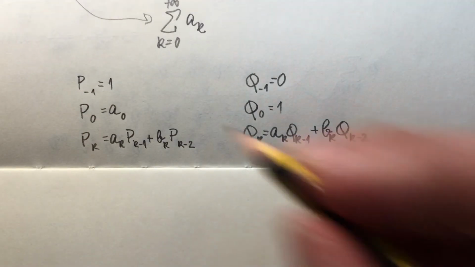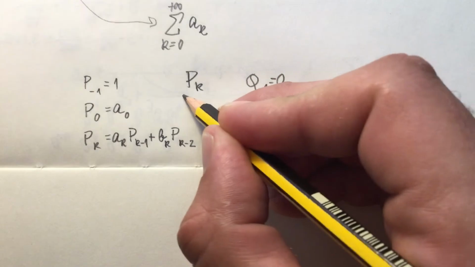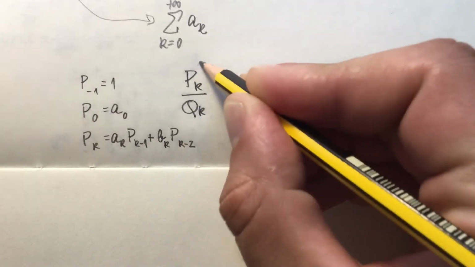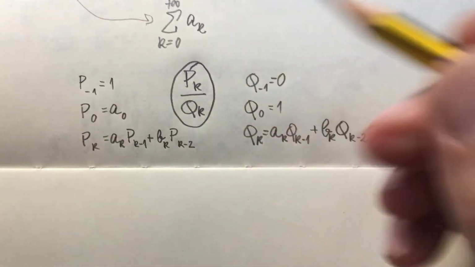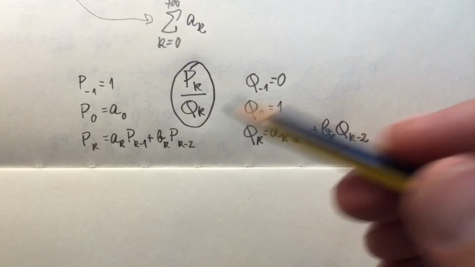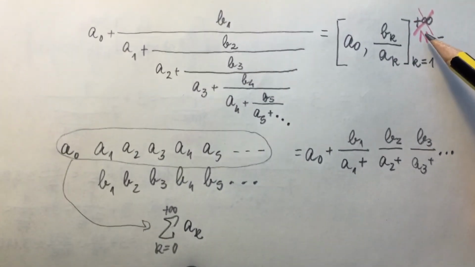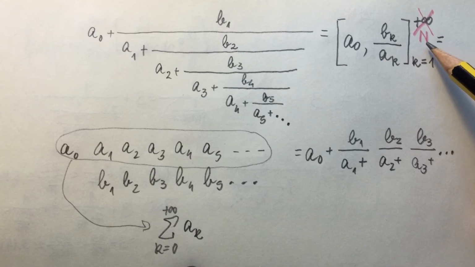And then the ratio pk divided by qk will give us an approximation of this continued fraction after k terms.